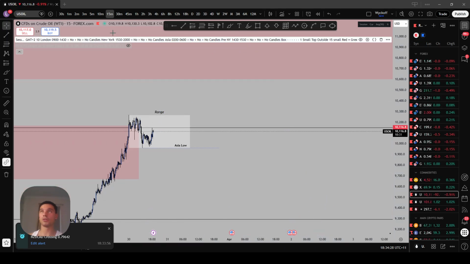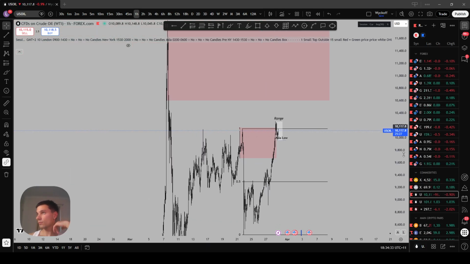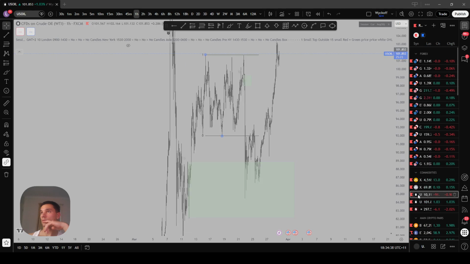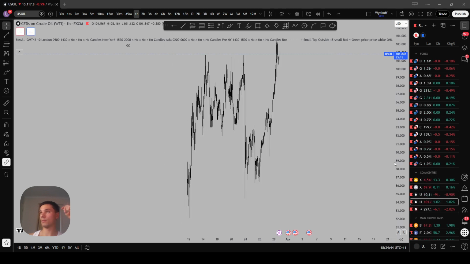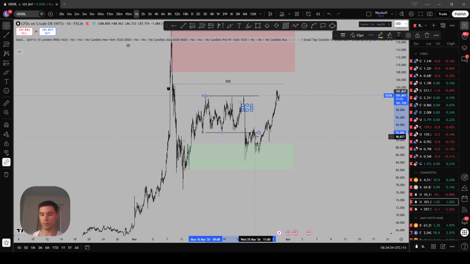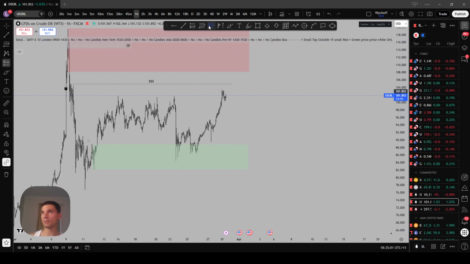So yeah, many different scenarios that can be at play here with oil. I'm just curious to see how this chart looks on FXN. It's valid.